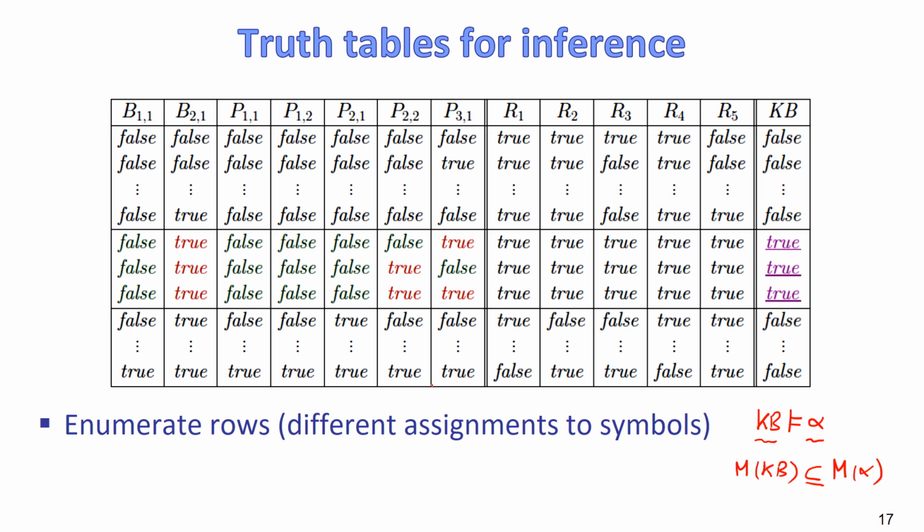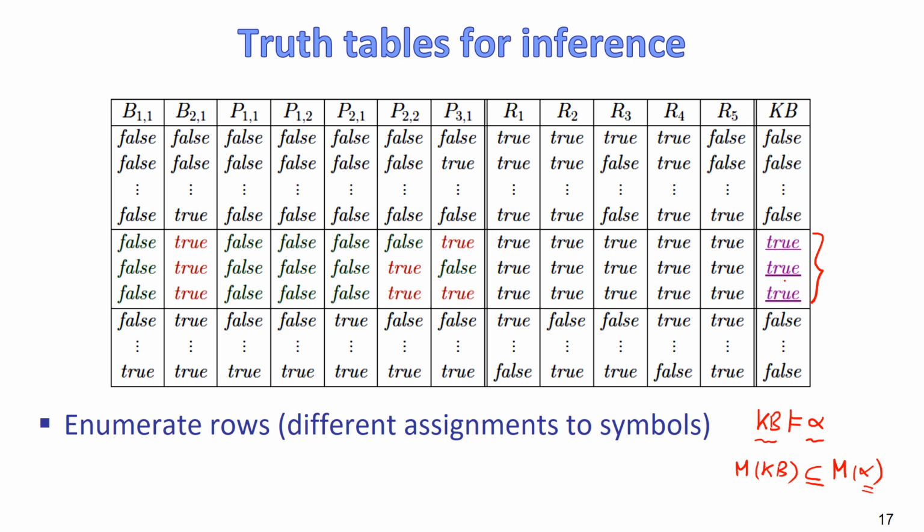Now, if we enumerate all the possible values for all the variables that we have, and also the knowledge base, we can check this for any alpha. For example, if you look at this truth table, and of course you are familiar with this notion, we list all possible Boolean values for every variable. You can see that in these 3 rows, the knowledge base is true.